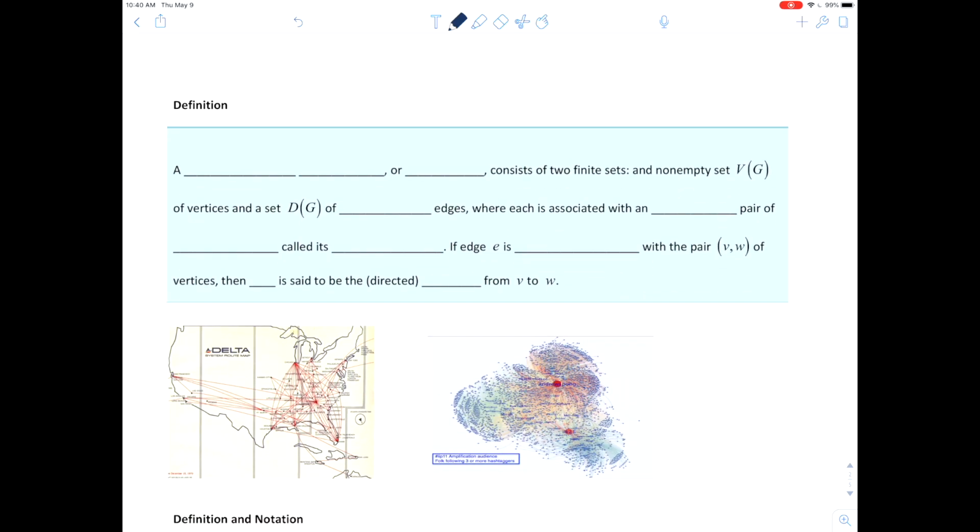And let's go on to another definition. So a directed graph, or digraph, consists of two finite sets: a non-empty set V of G of vertices and a set D of G of directed edges, where each is associated with an ordered pair of vertices called its endpoints.